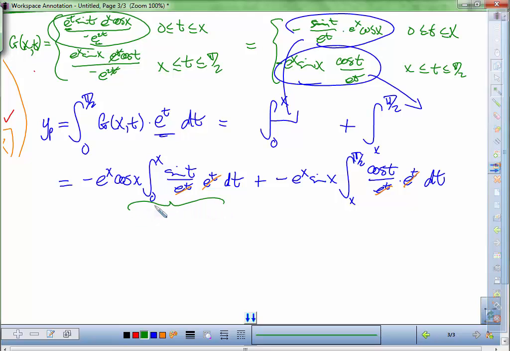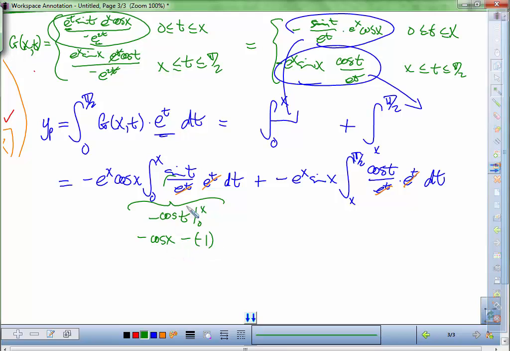The first one I'm assuming is easier because there's a 0 in there. The antiderivative of sine is positive or negative cosine? Negative cosine. So this is a minus cosine t evaluated from 0 to x. If I put x in there, I get a negative cosine x minus negative cosine of 0.